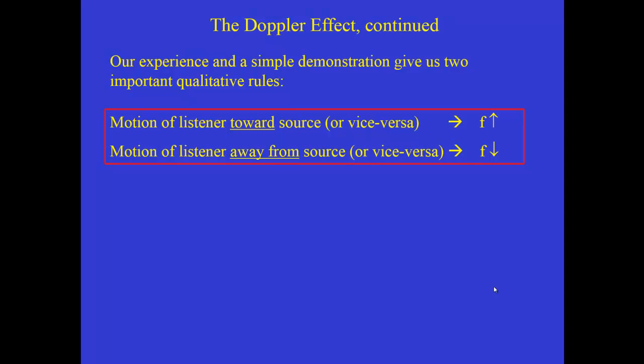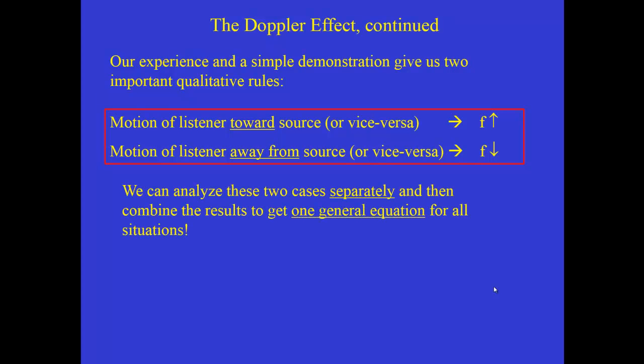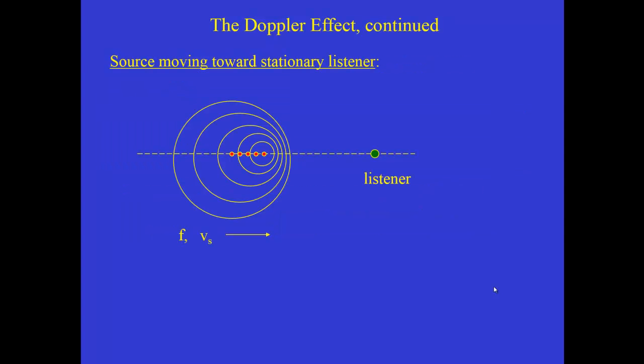And conversely, if the motion of the listener is away from the source, or the motion of the source is away from the listener, that's going to cause the frequency to go down. And so what we're going to do is very briefly analyze these two cases separately. One being the motion of the source, and the second being the motion of the listener. And then we'll get two separate equations that we can combine into one general equation that will cover all situations.